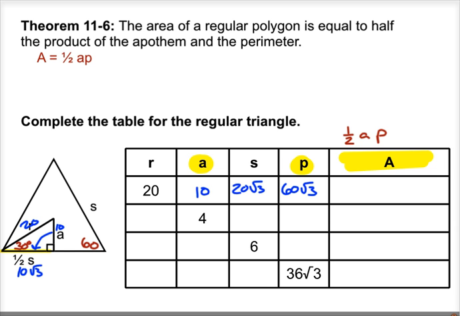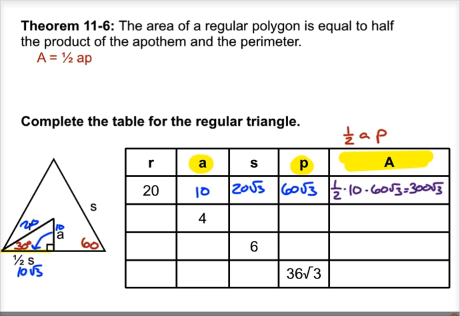So if I start to write down what this would be, it's going to be 1/2 times the apothem, which was 10, times the perimeter, which was 60 square roots of 3. Well, let's see, multiplying. Half of 10 is 5. 5 times 60 is 300. And then I still have the square root of 3.